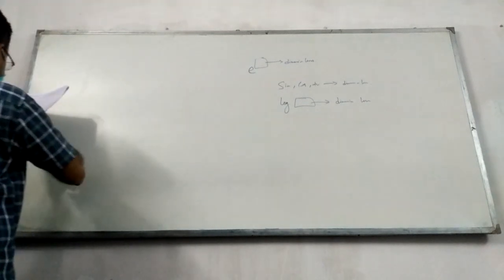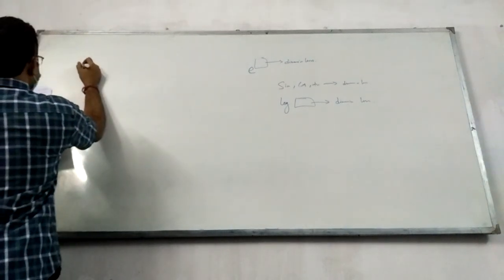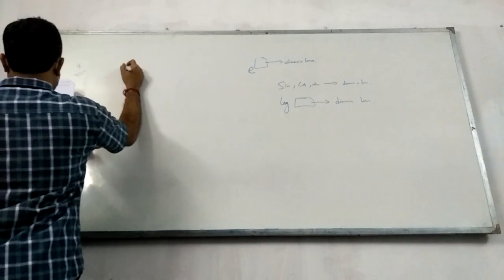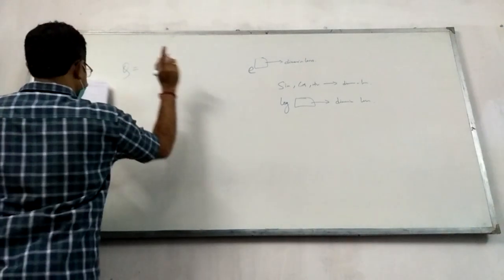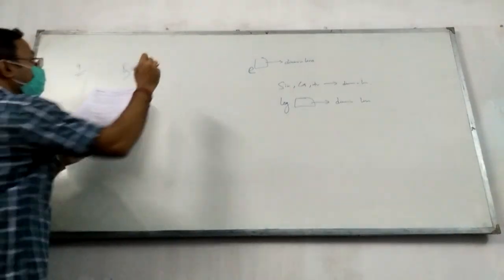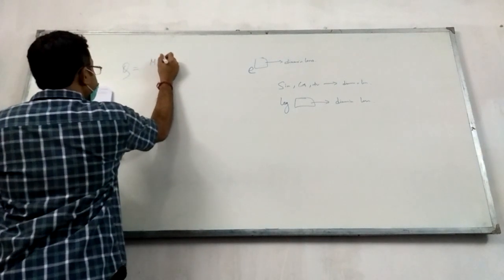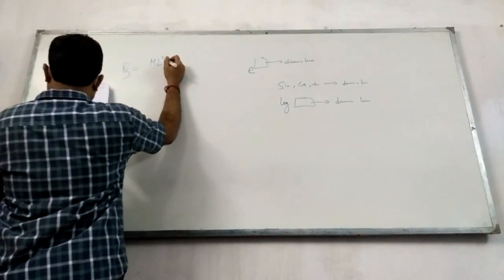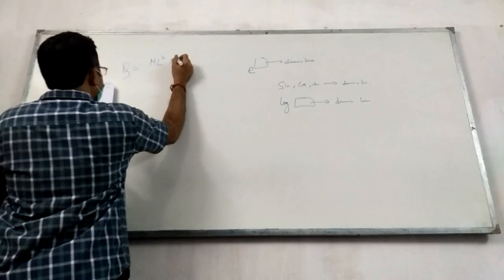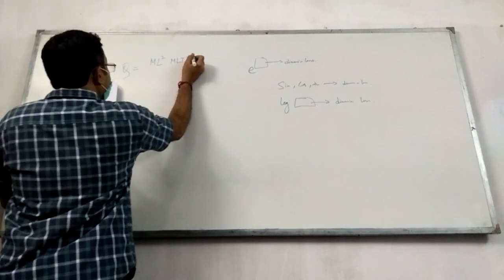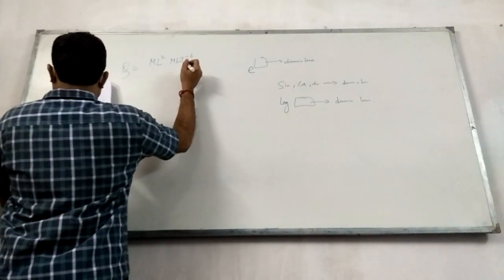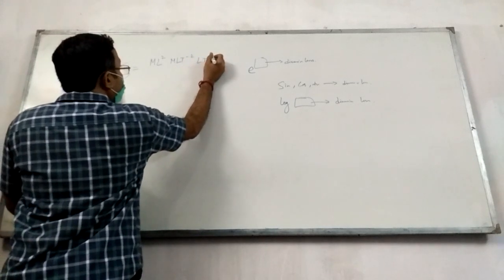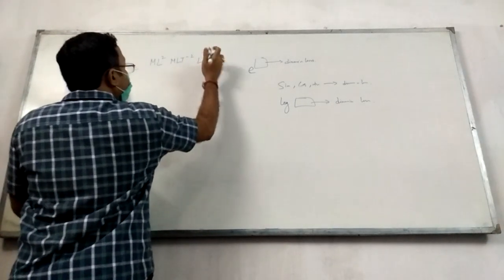This is question number 9, everyone: q is equal to I, where I is moment of inertia. The moment of inertia dimension is M L square. f is force, M L T to the power minus 2. v square, v is velocity, L T to the power minus 1, whole square.